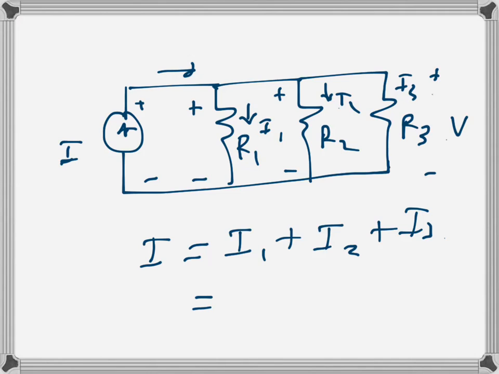From Ohm's law, we can say that I1 will be V over R1, because the parallel voltage drop is V. Similarly, I2 is V over R2 and I3 is V over R3.